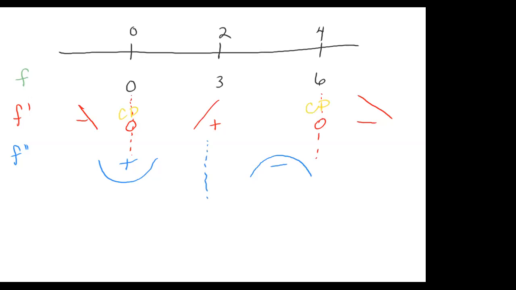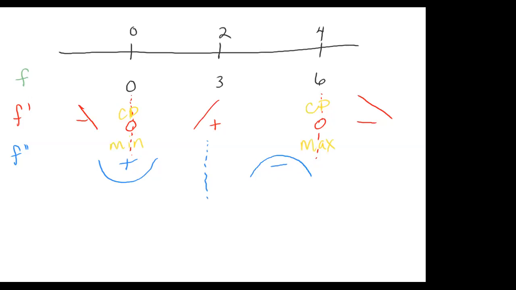I can tell here that where the first derivative is 0, in this interval here, the second derivative is negative. So this point will be the location of a relative maximum. And then very similarly, the critical point is where the first derivative is equal to 0 here, and the second derivative is positive. So this will be a location where the function is at a relative minimum.